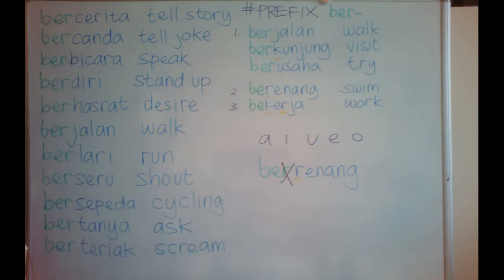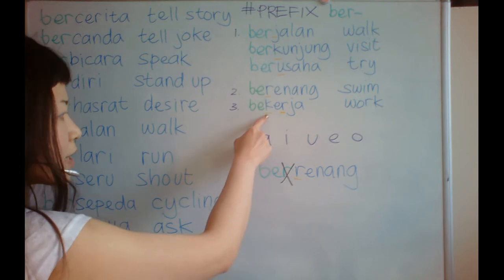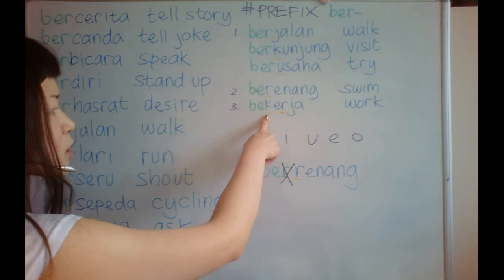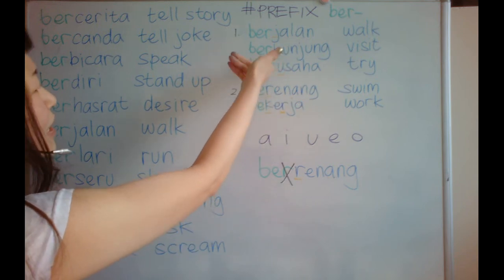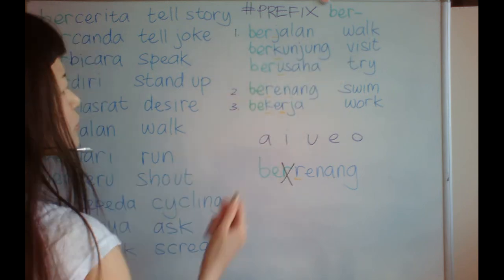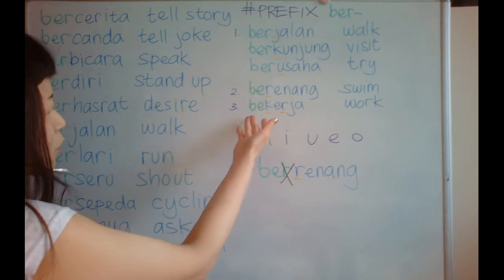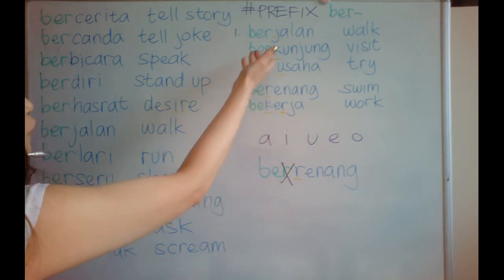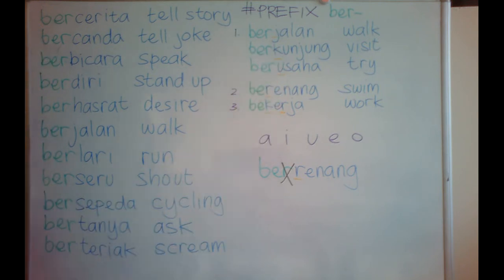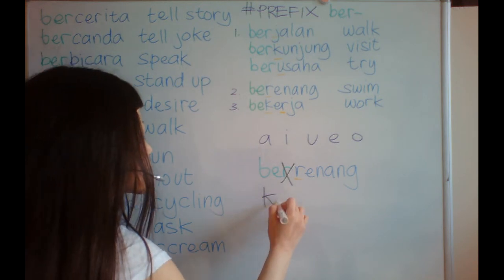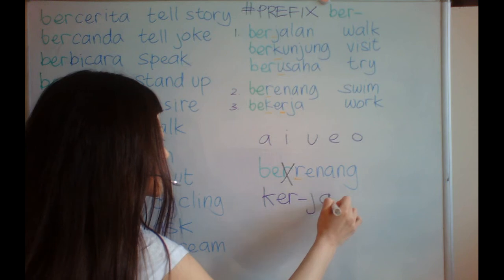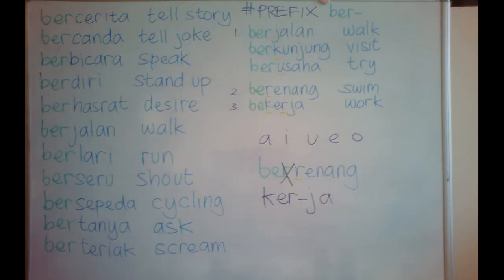And then, it can start with K. And this K is a consonant. But why here you put ber, berkunjung? But why here do you put be instead of ber? This is K. In Indonesian words, we have this system for every word.